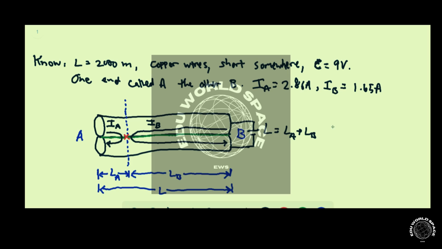So, how do we solve this particular problem? Well, one thing to note is that the voltage is equal to IR, right? And we know V, it's the same for both of them, the same 9 volts.